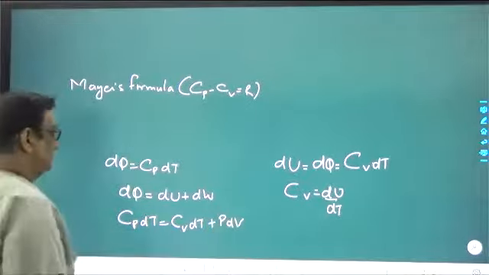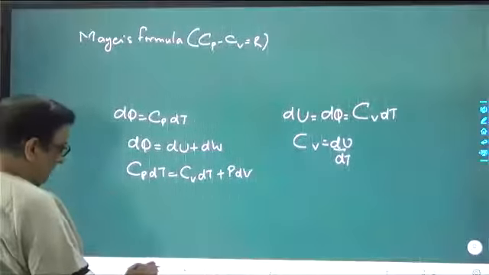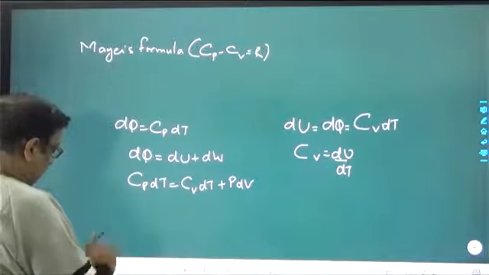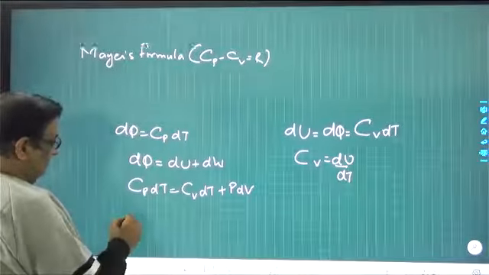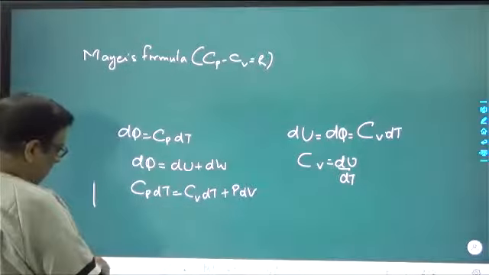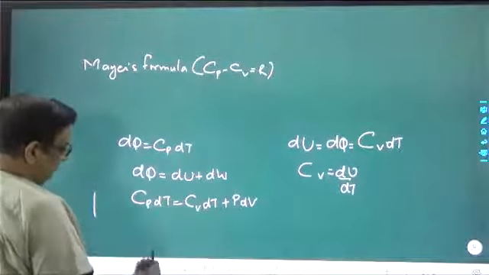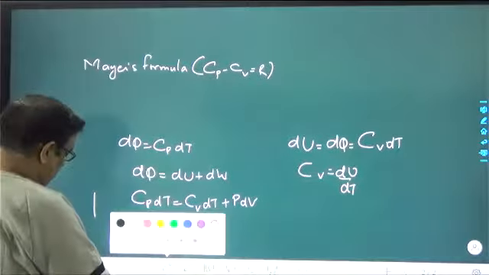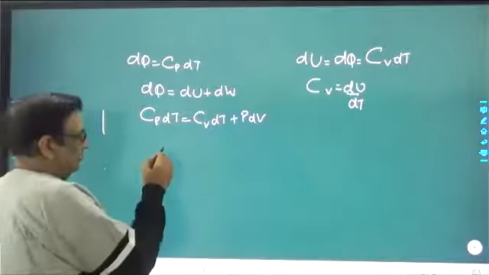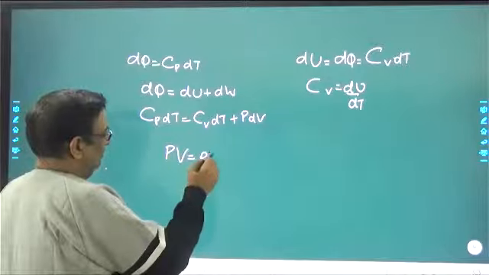For 1 mole of a gas, PV is equals to RT. तो PdV को क्या लिख सकते हैं?